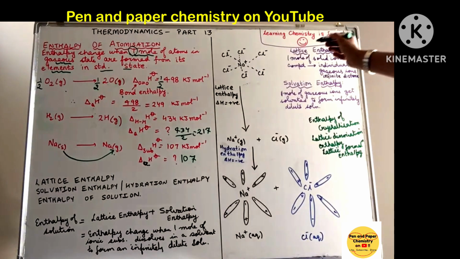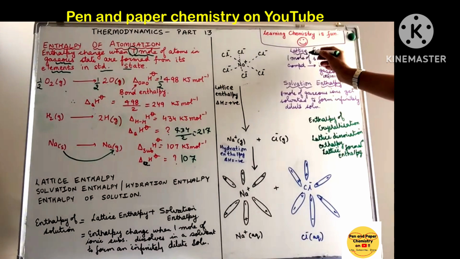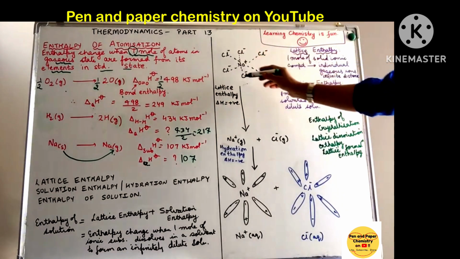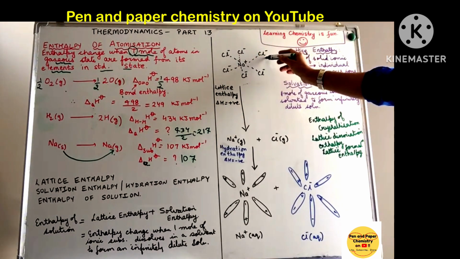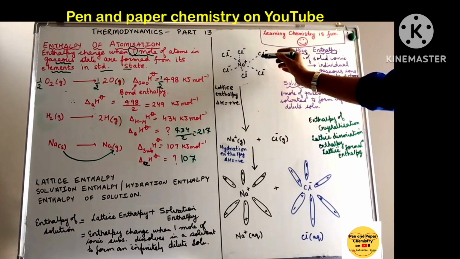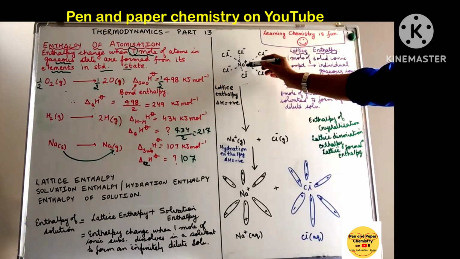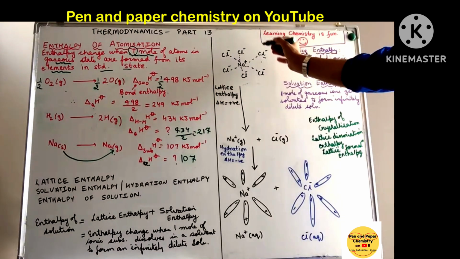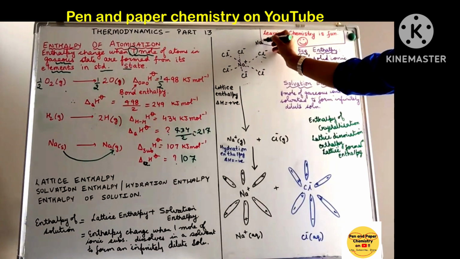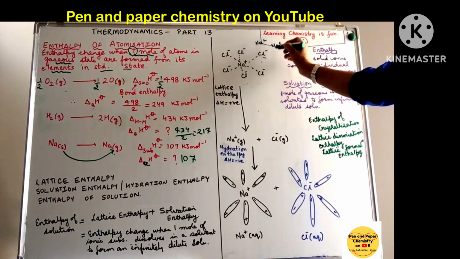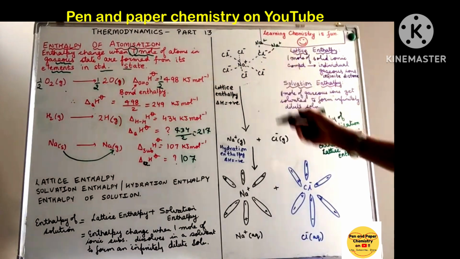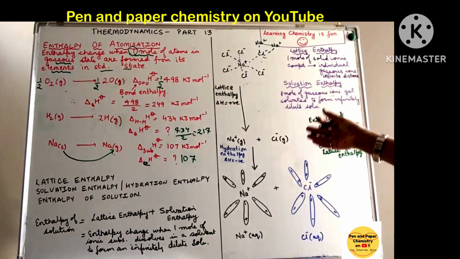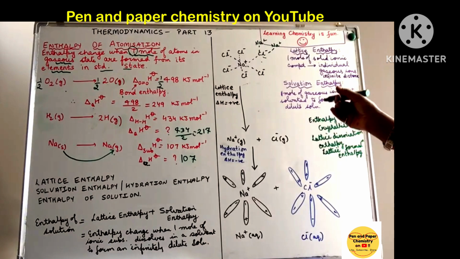First of all, what is lattice? Lattice is nothing but a 3-dimensional ordered arrangement of particles. We know that in a crystal of sodium chloride, we have sodium ions surrounded by chloride ions. The chloride ions in turn are surrounded by sodium ions and they are held together closely due to electrostatic forces of attraction.